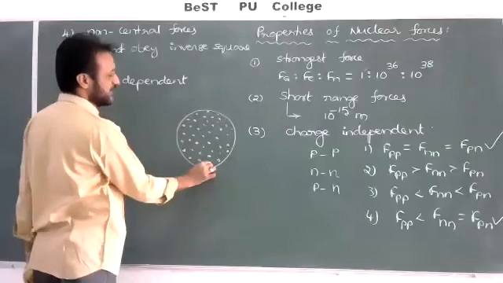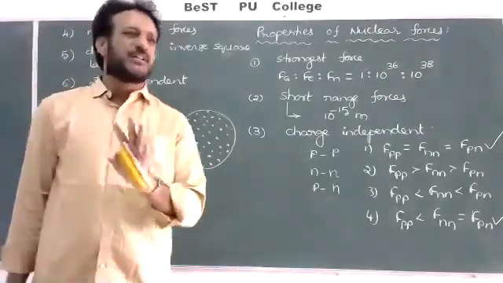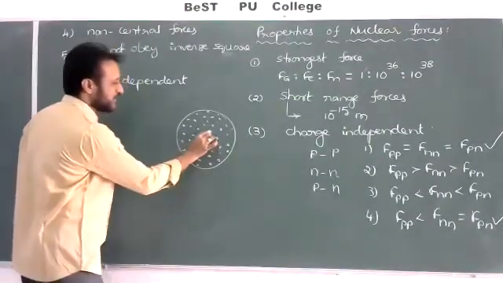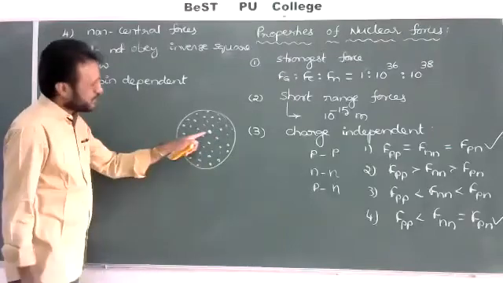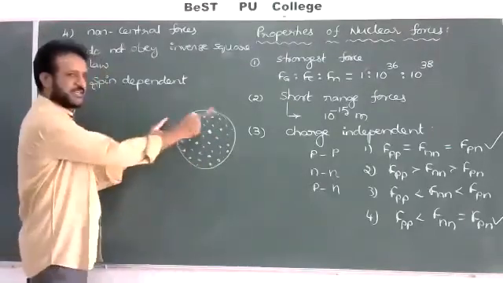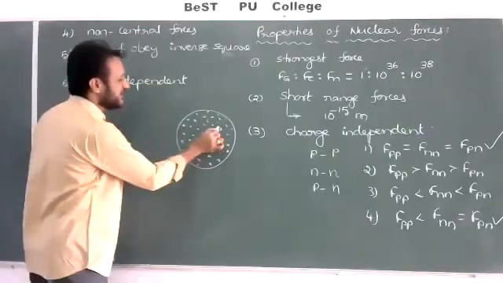But one nucleon cannot attract all the nucleons directly. That's very important. For example, here I am choosing one proton or neutron. This proton cannot directly attract all the protons and neutrons around it, but it can attract only the nucleons near it.